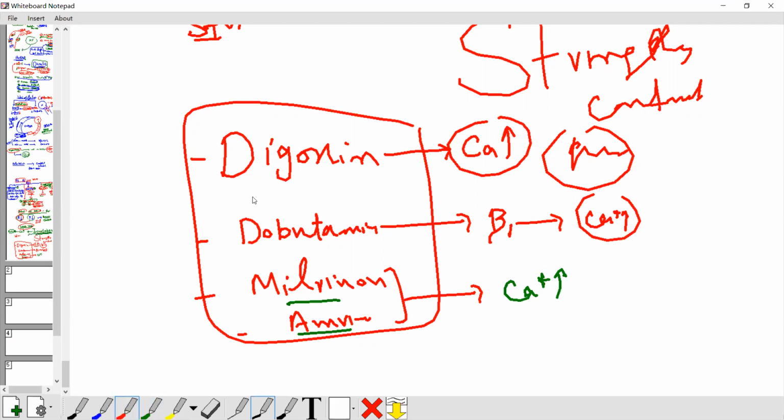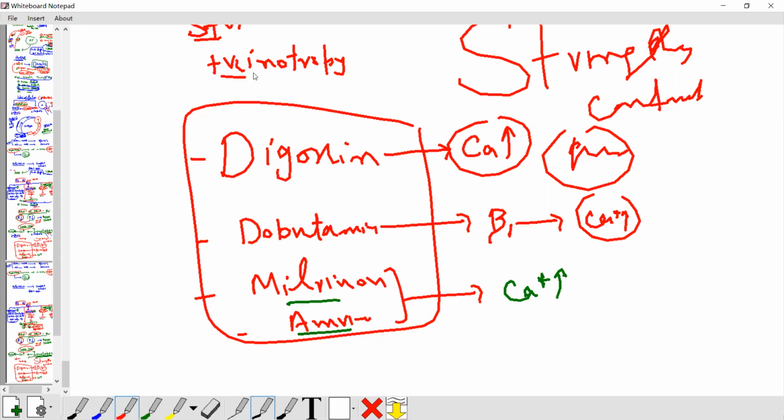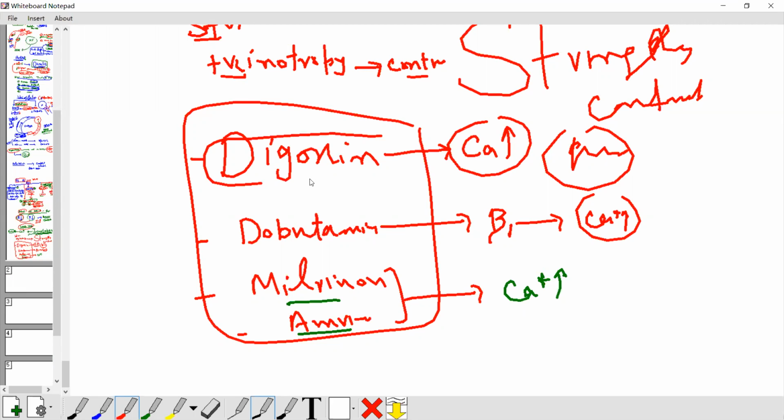Clear? So increased calcium is known as positive inotrope. If you increase calcium inside the muscle, what happens next? Contraction. Strong contraction. So this is the only last hope in treating heart failure.